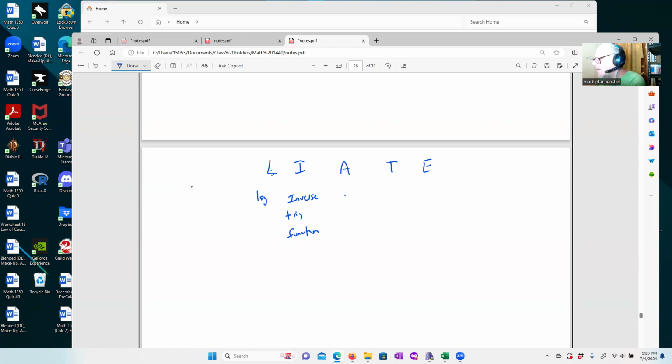Algebraic, this is going to be your polynomial, so this stands for anything that looks like a polynomial. T stands for trig. Well, we didn't deal with inverse trig functions. We aren't dealing with trig functions. So we got through the whole life so far without having to know what a sine or a cosine or a tangent was. We're not going to start now.